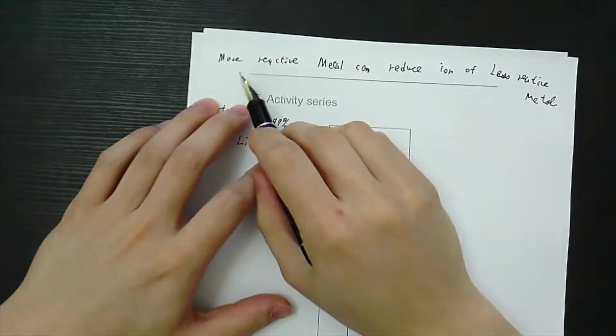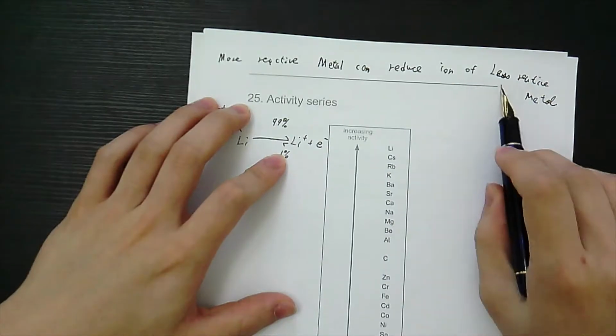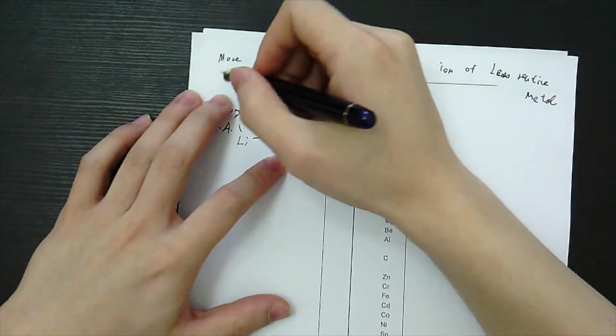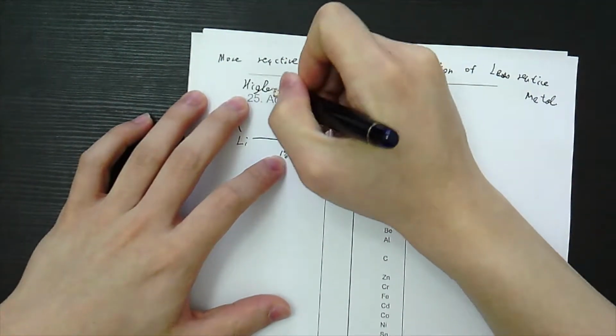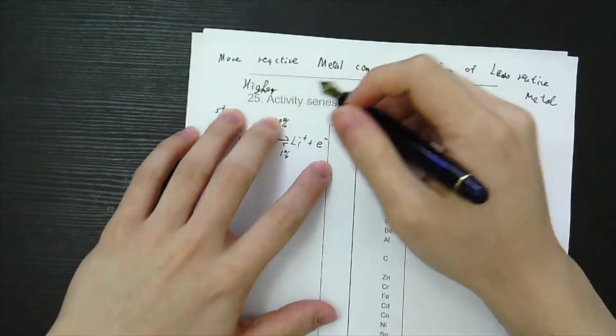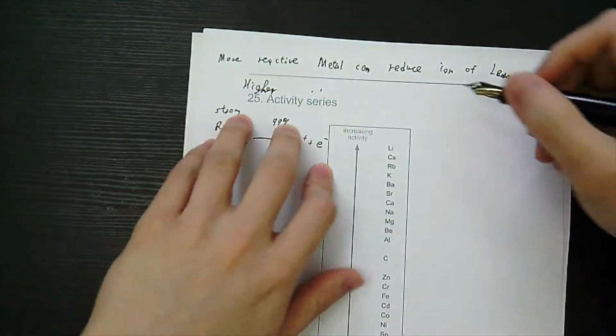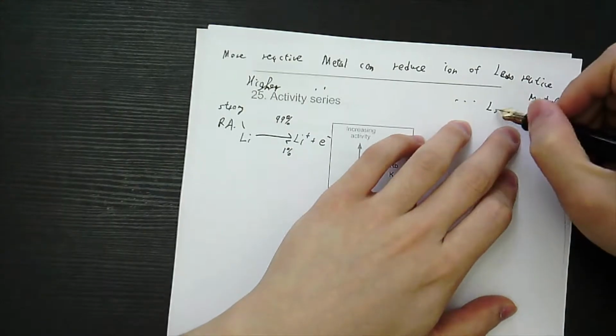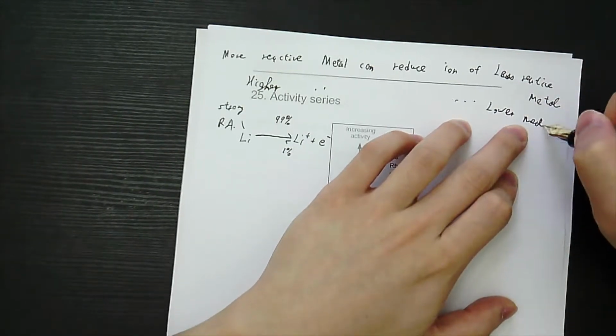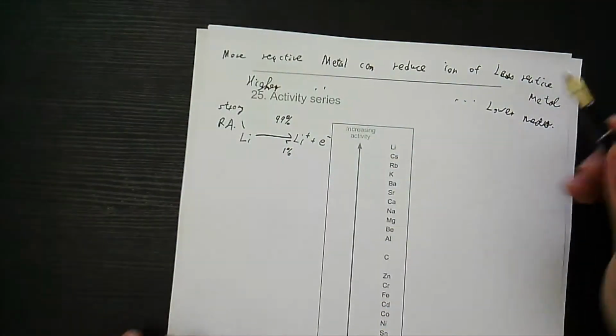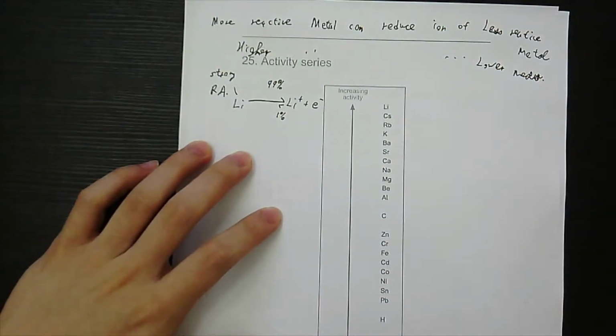So yeah, the more reactive metal can reduce the ion of a less reactive metal. Or I can say the higher position metal in the activity series can reduce the ion of the lower metal. The higher metal can reduce the ion of the lower metal.